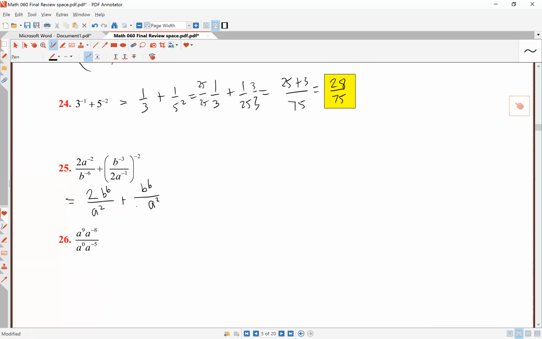But that 2 raised to the negative 2 power makes it go up top as 2 squared, or 4. And so what we have there now is two like terms. They both have the same variable part. 2 plus 4 is 6. B to the 6th over a squared.